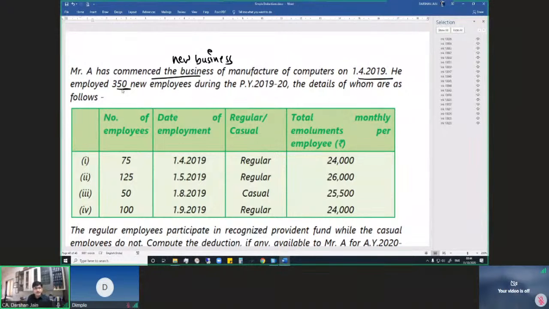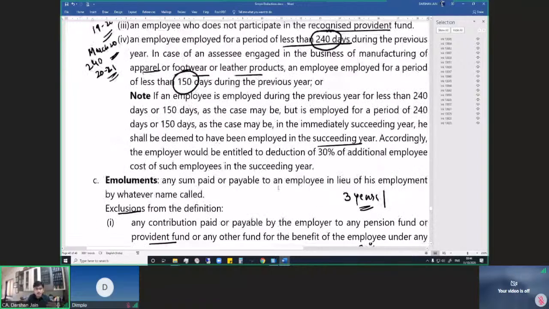He employed 350 new employees, right? So 350 new employees were employed by Mr. A in his business of manufacturing of computers. Now, he's a manufacturer of computers, not of leather or apparel or footwear, right?